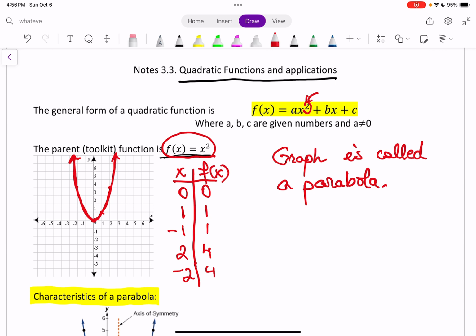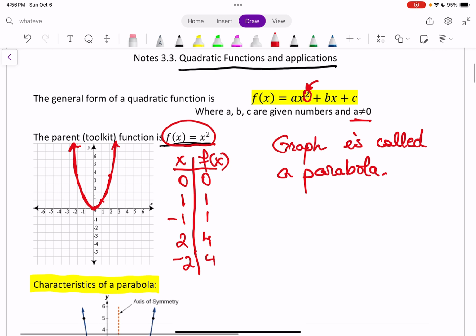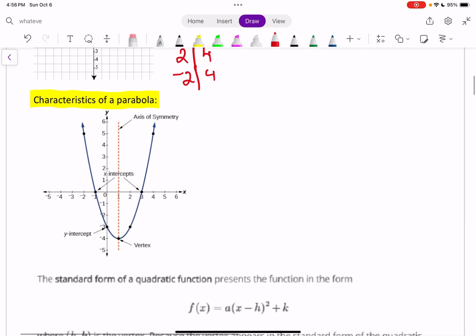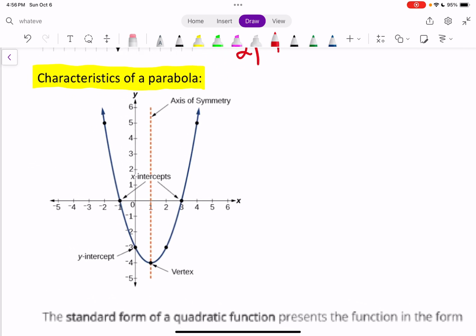So the highest exponent of your variable is going to be a 2, and it has to be there. That's why I'm saying a cannot equal 0, yes? So the highest exponent of your variable is a 2, and you have to see it. So whenever we graph a quadratic function, again, its shape is going to be a parabola. There's a very pretty parabola for you.